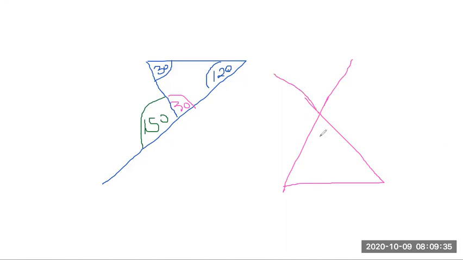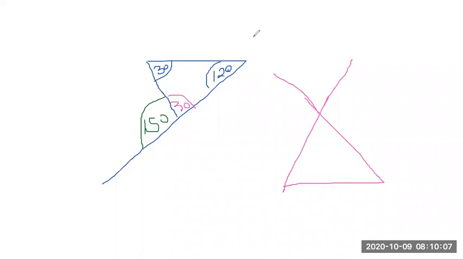So say for instance, I had 20 here and 70 here.